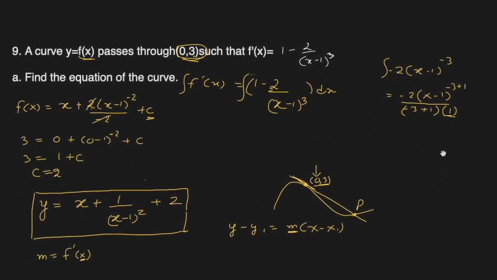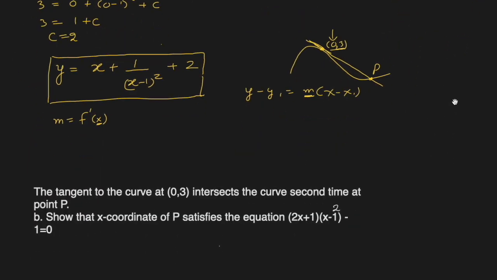It was 1 minus 2 over (x minus 1) cubed. Yeah, because our x coordinate is 0, so we'll write it f prime of 0 here.